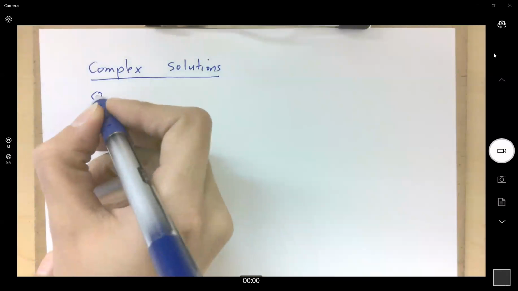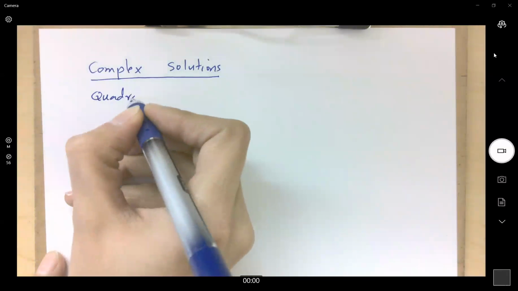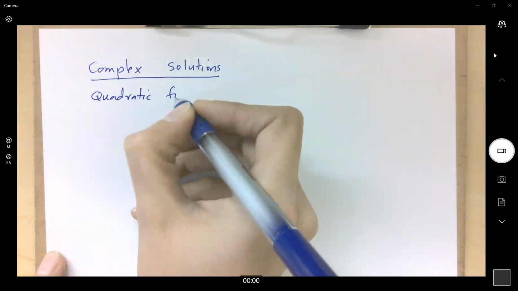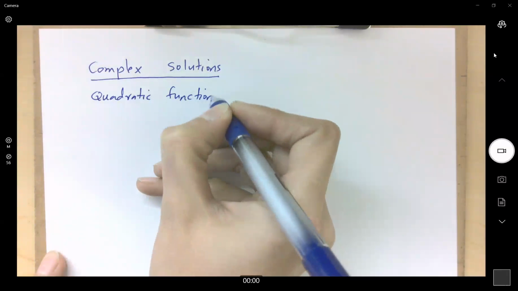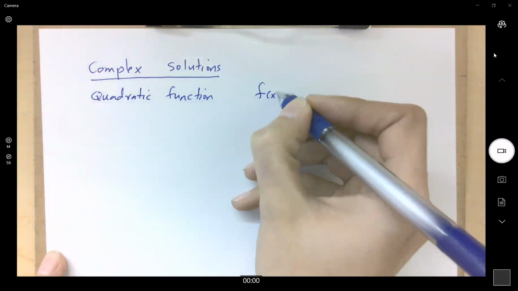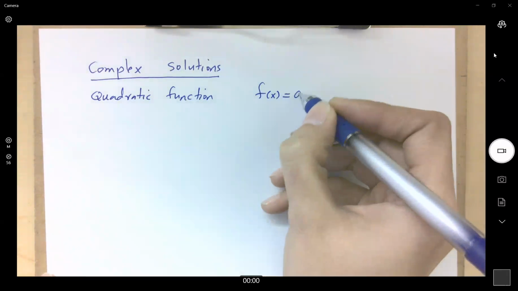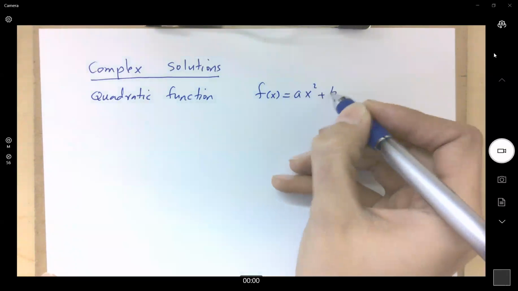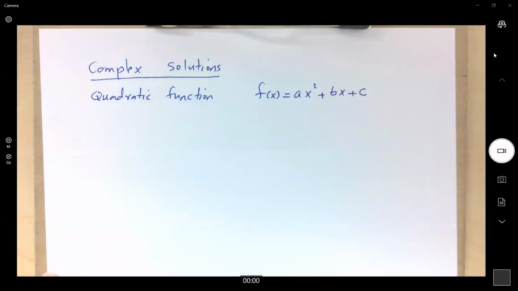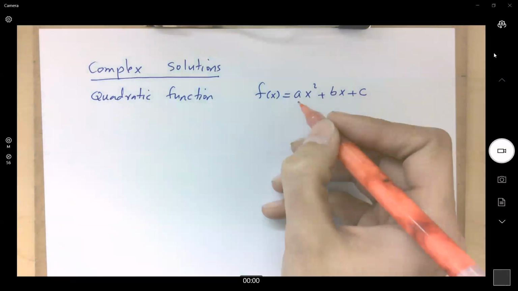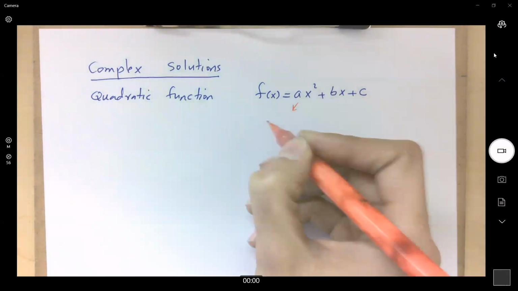A quadratic function is denoted by f of x equals a x squared plus bx plus c. We talked about the leading coefficient. A is called the leading coefficient.